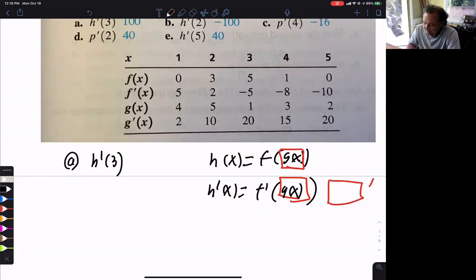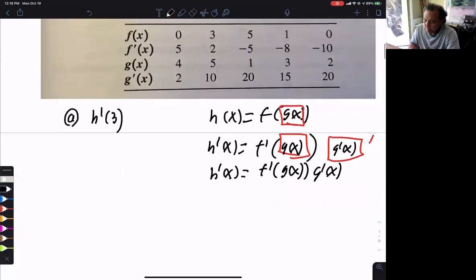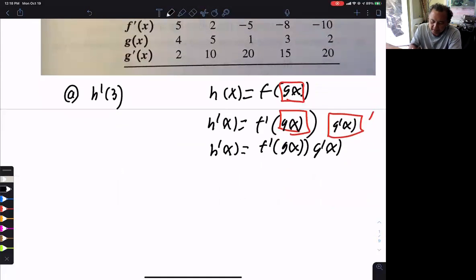What's the derivative of the inside? It's just G prime of X. So H prime of X is F prime of G of X times G prime of X. That's the chain rule.